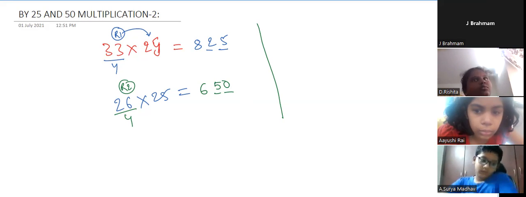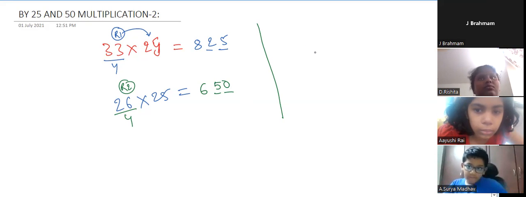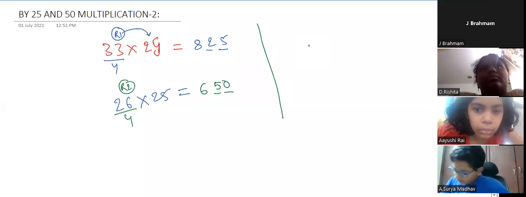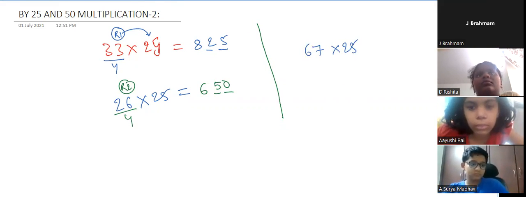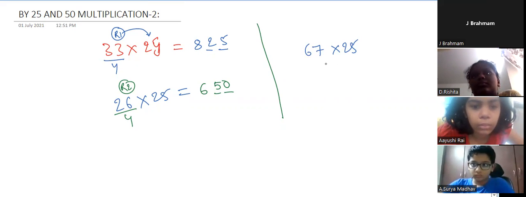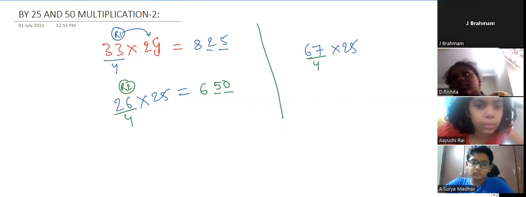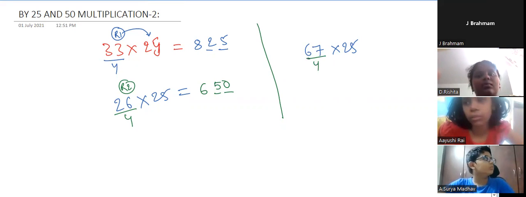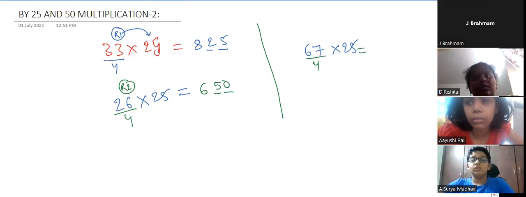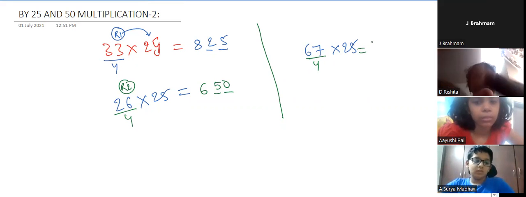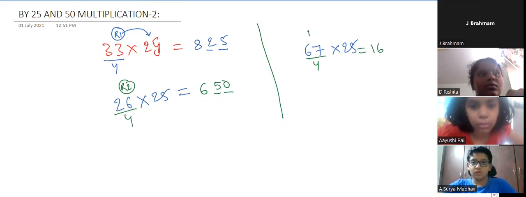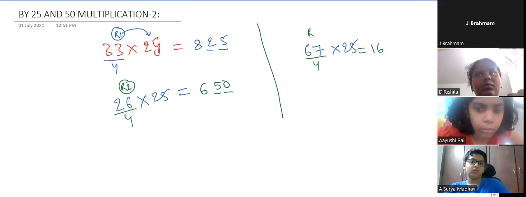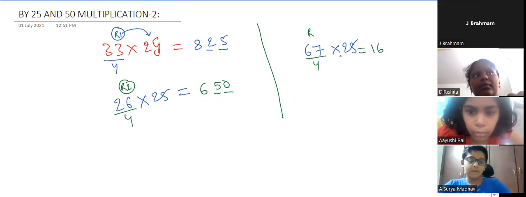And then suppose the question is 67 into 25. Again, instead of directly multiplying by 25, I'll divide this number by 4. How many times does 4 go in 67? 16 fours are 64.